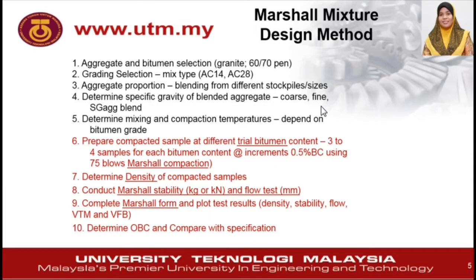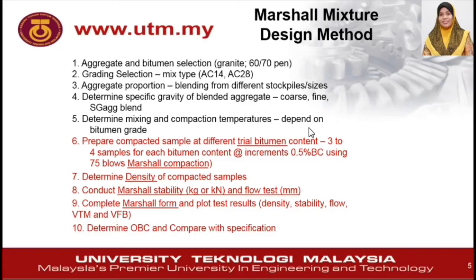And then determine the specific gravity of blended aggregate, the SG of the coarse aggregate and SG of the fine aggregate. Finally, step number 5 is to determine the mixing and compaction temperatures for the asphalt mixture preparation, which depends on bitumen grade. The harder the bitumen, the higher the temperature of the mixing and compaction.